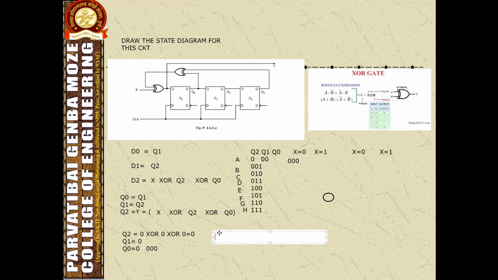Now, when x is equal to high, what will happen here? First consider Q2.